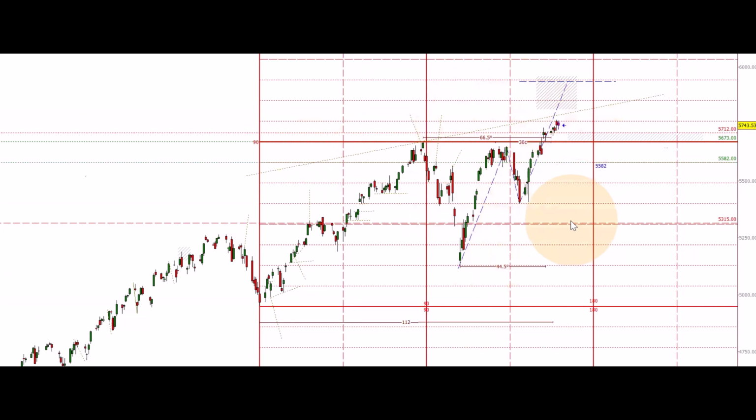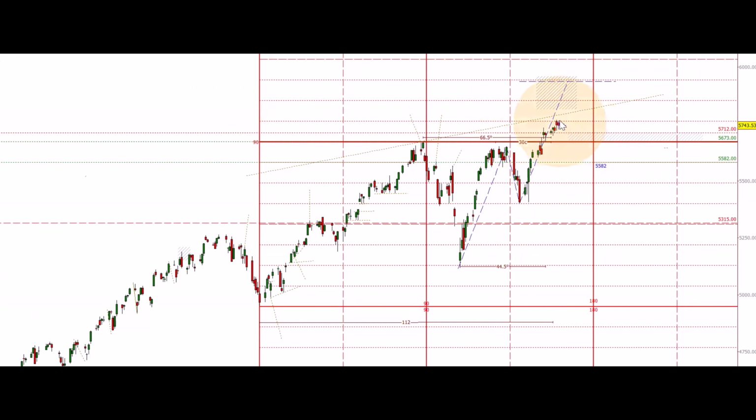And so we're going to continue to use this. But I just wanted to show you, I put in the eighth lines here. If you look at this dotted line that we've been touching for the last couple of days, that's the first eighth into the next square. And technically, until we can really take it out, there's no whole new trend starting, and this could just as well be an overshoot.